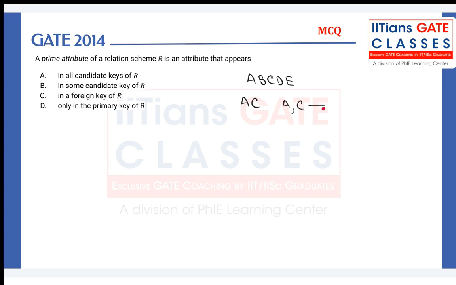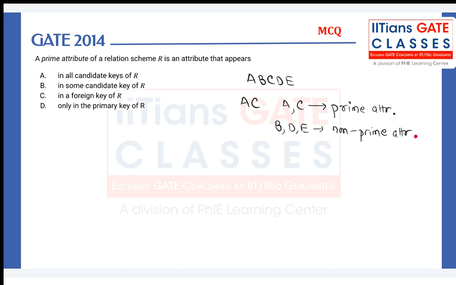They are called the prime attributes because they are part of a candidate key. And the others, which are B, D, E, are the non-prime attributes.